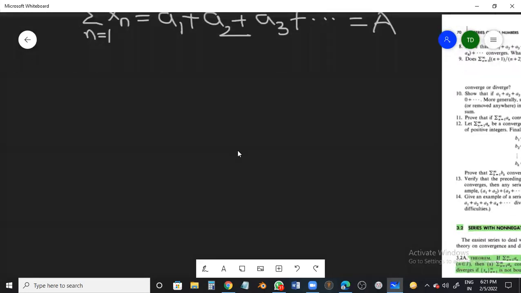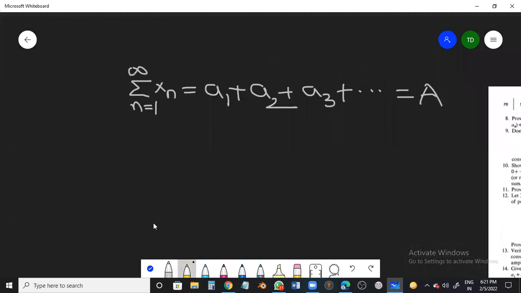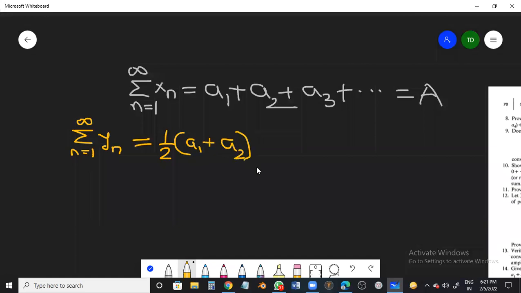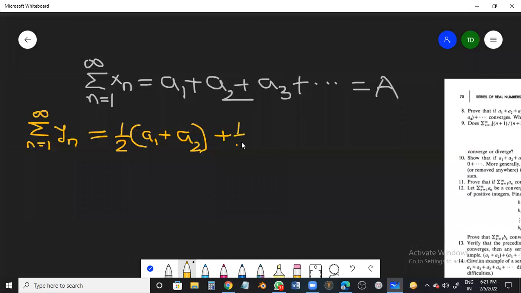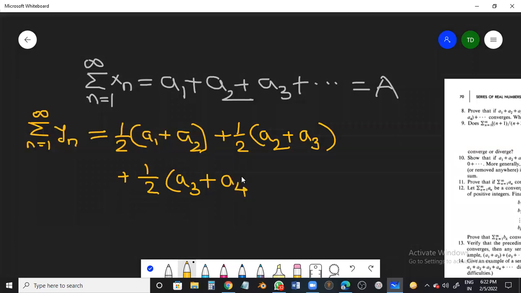All right. So another series we are given. So let us denote it as summation yn, n runs from 1 to infinity, and this is given to be half of the sum of first two terms, A1 plus A2, then I have plus half of A2 plus A3 plus half of A3 plus A4 plus and so on.